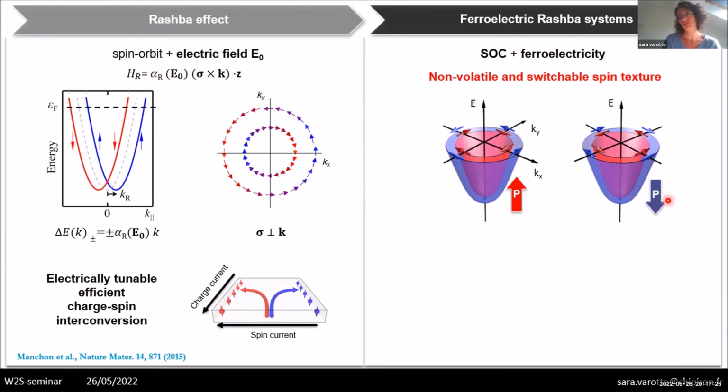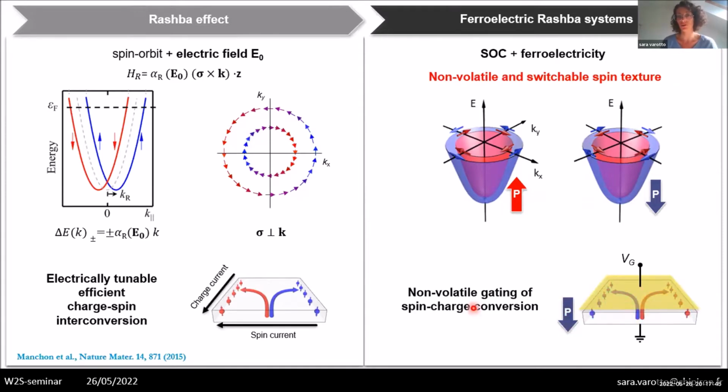So if we change the polarization direction, we can change the spin chirality of the two Rashba bands. As you can see here, they rotate in opposite direction. So what is the consequence on the spin transport side is that if we apply a gate to switch the polarization, we actually generate opposite spin currents, as you can see here. So we can change the spin-to-charge conversion efficiency.